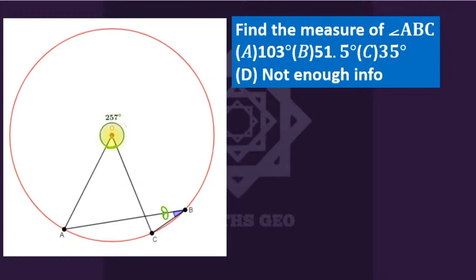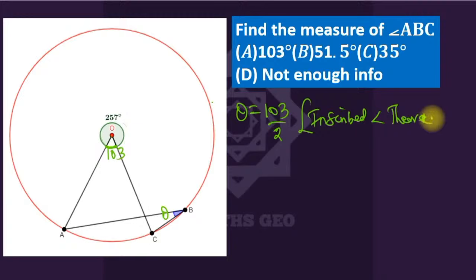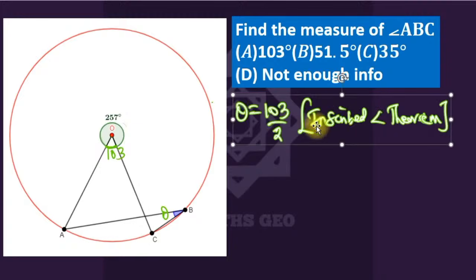So this remaining angle will be 360 minus 257. Since this is the inscribed angle, theta will be half of 103 by the inscribed angle theorem. But we know how we got 103, angle at a point.